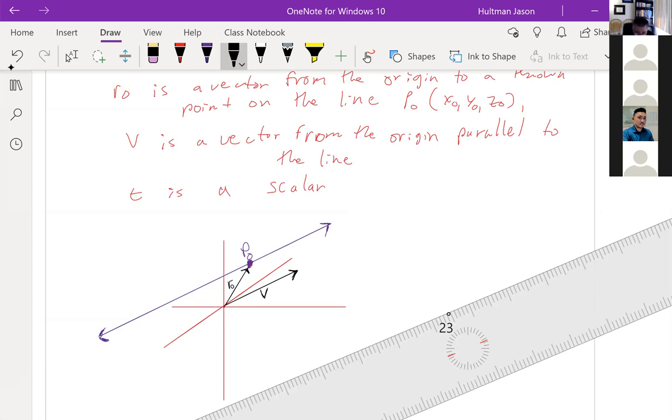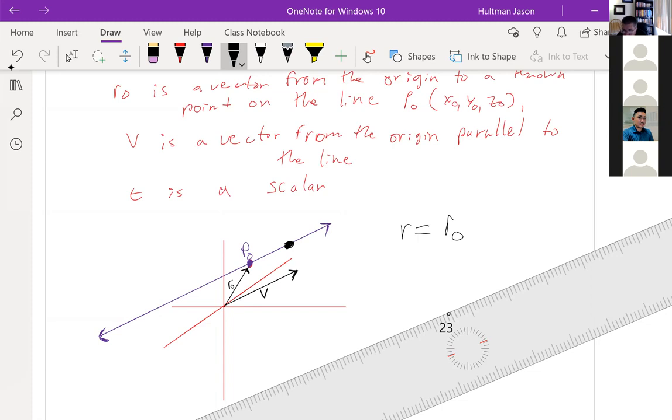If we can get vector V and vector R naught, then we can write the equation R of this line. R is a compilation of R naught, the starting point, and any other point on this line. Two points define a line in 3 space.